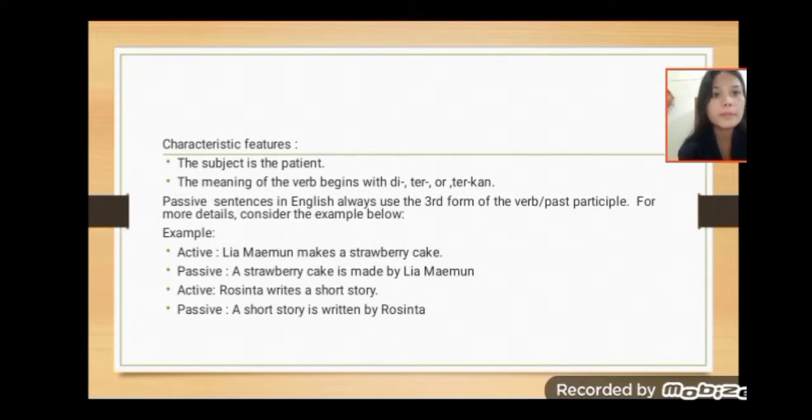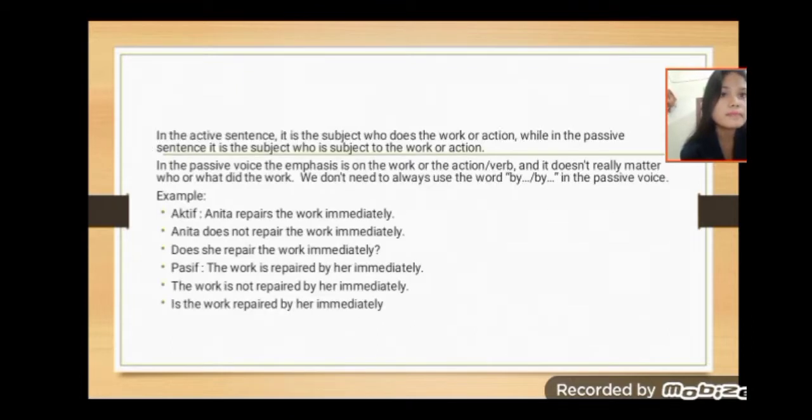consider the example below. For example, active: my mom makes a strawberry cake. Passive: a strawberry cake is made by my mom. Rosinta writes a short story. Passive: a short story is written by Rosinta. The subject is subject to the work or action.